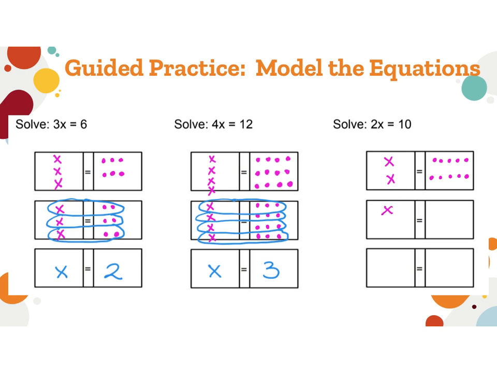In the next boxes down below, I'll still put my 2 x's, and I want to make sure I have 2 equal groups for my 10 dots. We can circle the groupings. And we find that there are 5 dots for every x, so x equals 5.